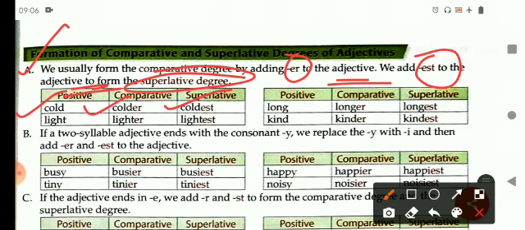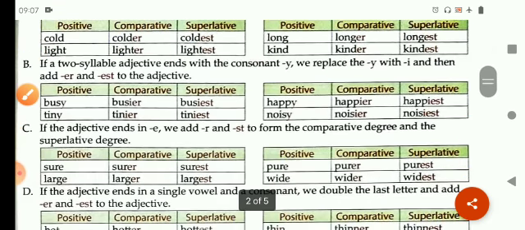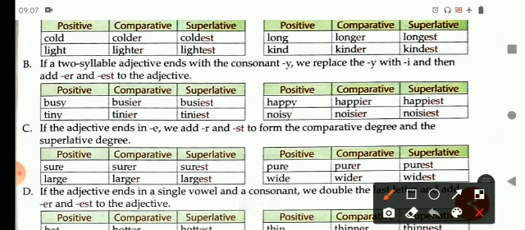Suppose cold, by adding er we make the comparative degree, and by adding est it becomes the superlative degree. In a similar way, light, lighter, lightest, long, longer, longest, kind, kinder, kindest. So these are the three degrees of comparison: positive, comparative and superlative degree.